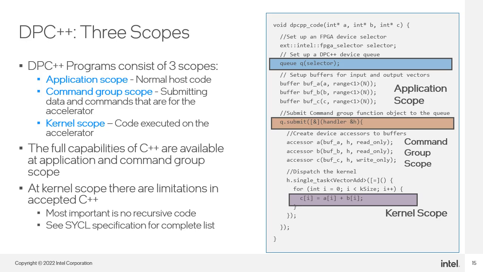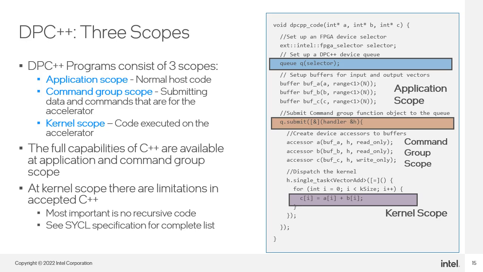The first scope is the application scope, which is your normal host code. Everything you can do in C++ can be done in the application scope. The host code runs on the CPU, which is typically the host for your design. As we can see in the example, declaring function pointers, setting up buffers, selecting devices are in the application scope.